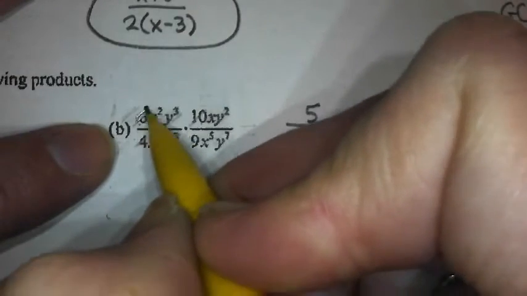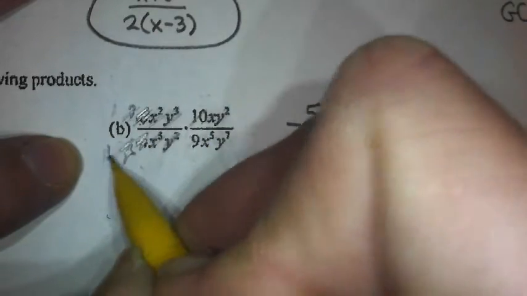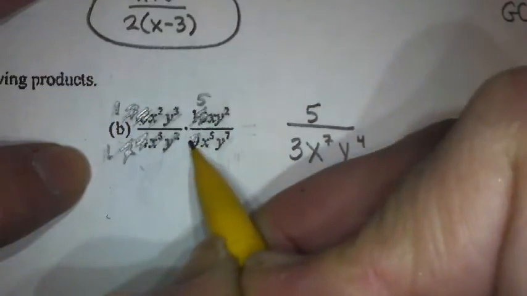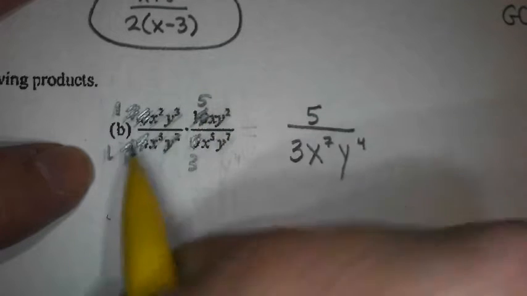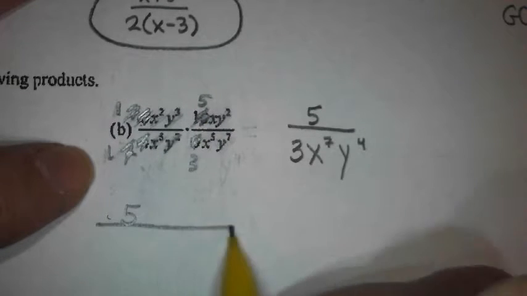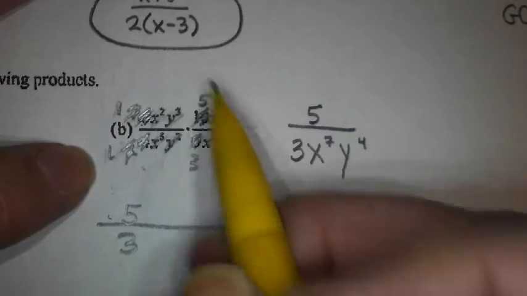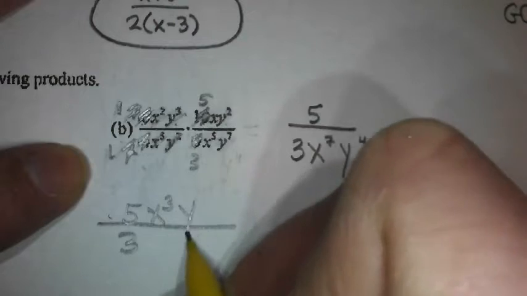I would still do the numbers the same way. 3 and 2, 1 and 5, 3 and 9 becomes 1 and 3. But I might do this. Once I get the numbers all simplified, I might make it 5 over 3. And then up top, I've got x squared times x, which is x cubed. Y cubed times y squared, which is y to the 5th.